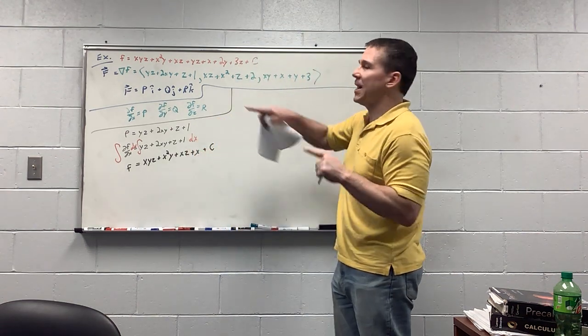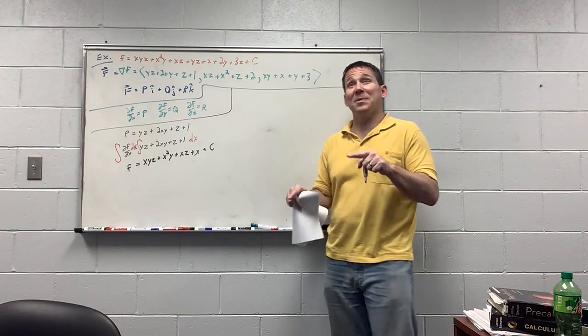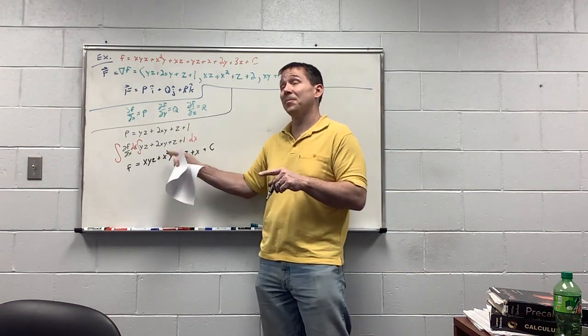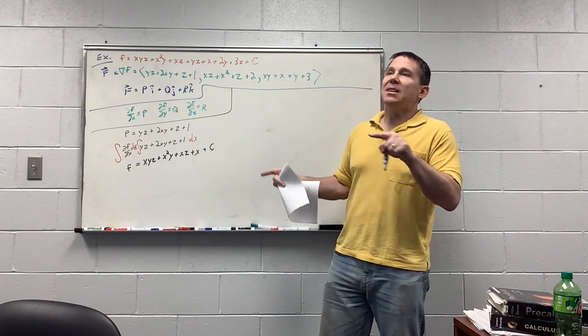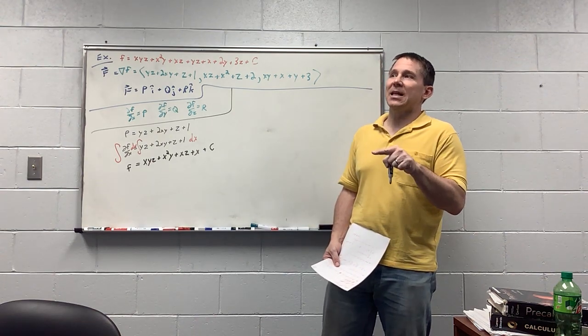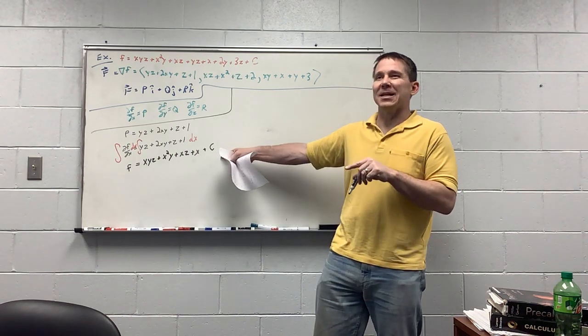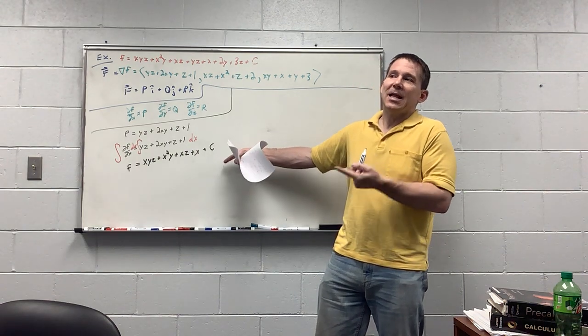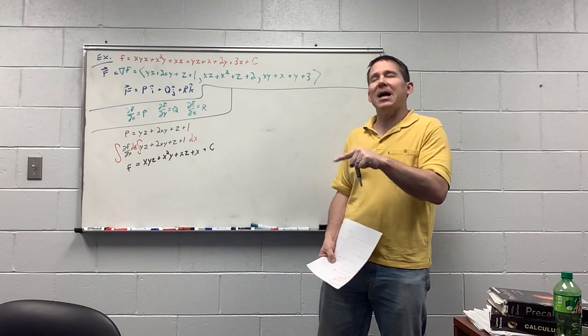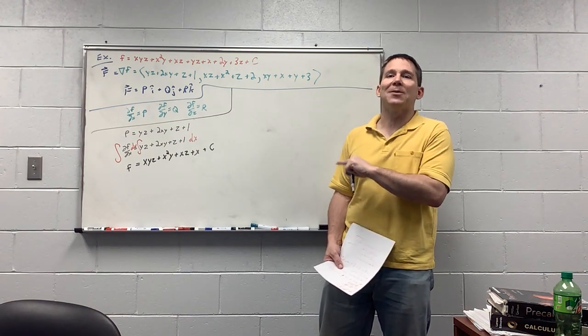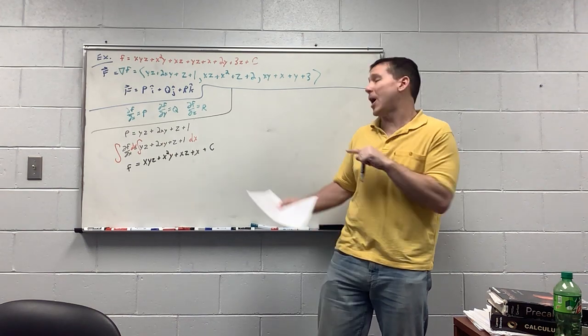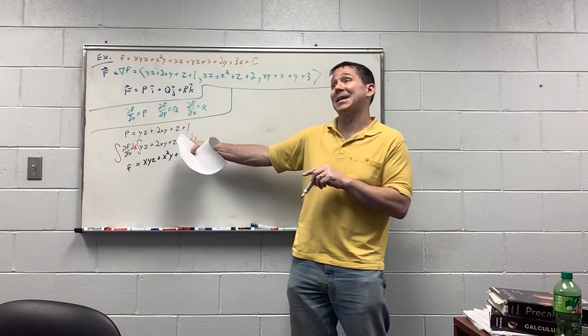Because I integrated partially with respect to x, I knew this was a partial derivative, which means there could be other terms involving y and z that are not constant. There could be y and z terms floating around in here that I also lost when I took my partial with respect to x.